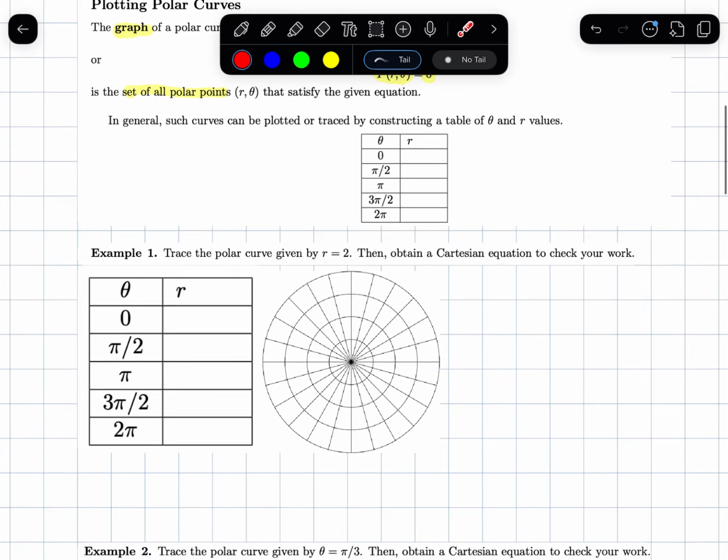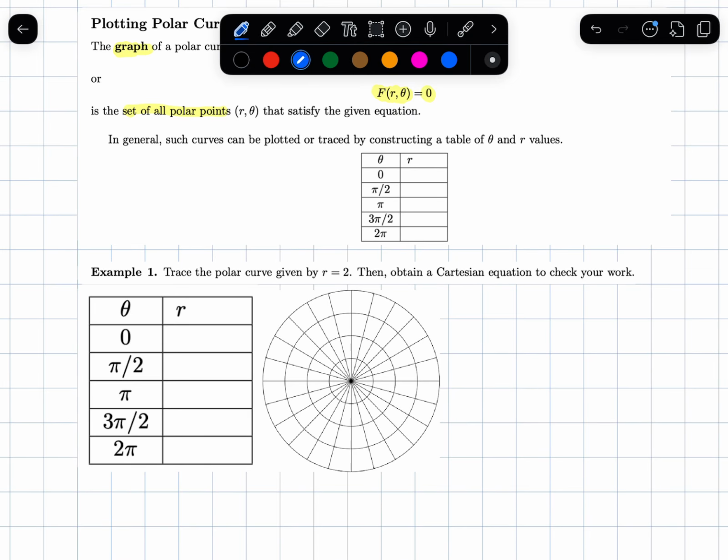So let's do this simple example here. Using this table, I would take theta equals 0 and plug into this equation, r equals 2. What will I get? There's no theta to plug in, so I get 0, 2. 0, 2 is me looking in this direction and moving 2 units. So this is my point.